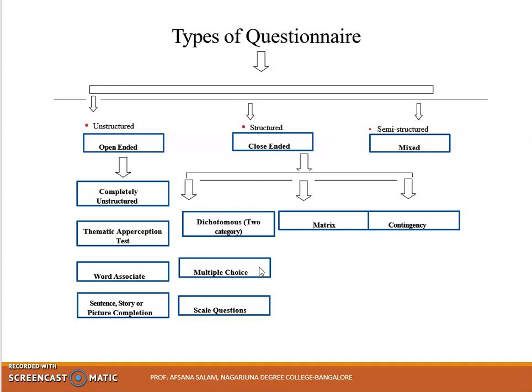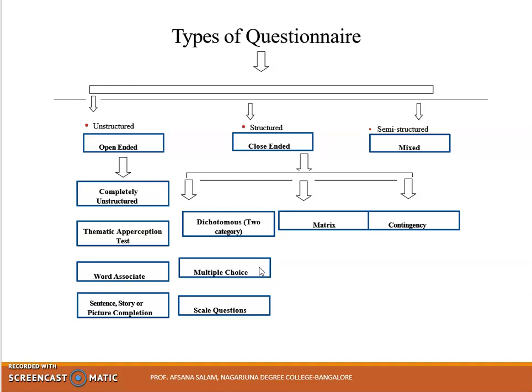And then the scale questions. Scale questions have a restricted measurement scale, which has 4 different types: nominal, ordinal, interval, and ratio. This can utilize the functional properties of these scales or rank order questions. It could be Likert scale questions or the semantic differential questionnaire.